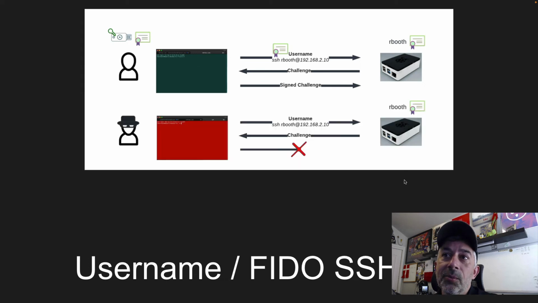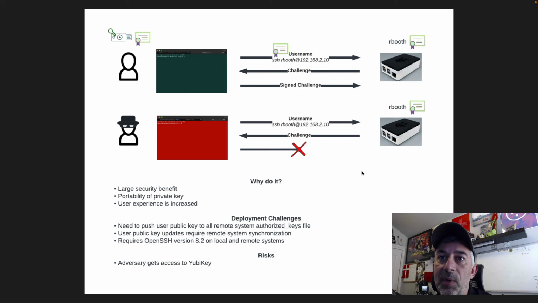The really nice part of just a simple deployment with the YubiKey or a security key deployment is that even if an adversary gets a hold of your public key or any of the files on your local system, there's no way that they're going to be able to authenticate out to that remote machine. They don't have the secret key. They physically have to have your YubiKey to authenticate in with. So this is a huge security benefit for your organization.